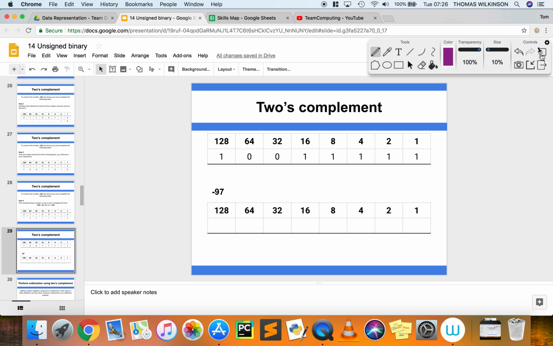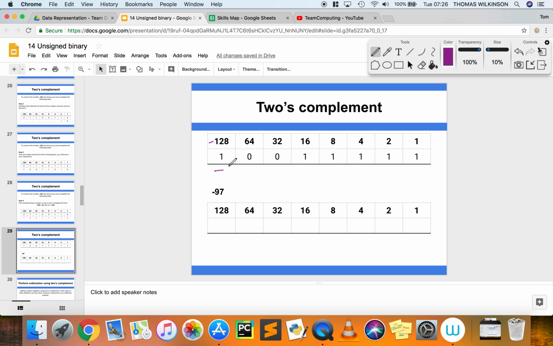Okay, so following the steps that we have looked at previously, if we want to convert this number 1001111 into its decimal form, we're going to place a minus value here.